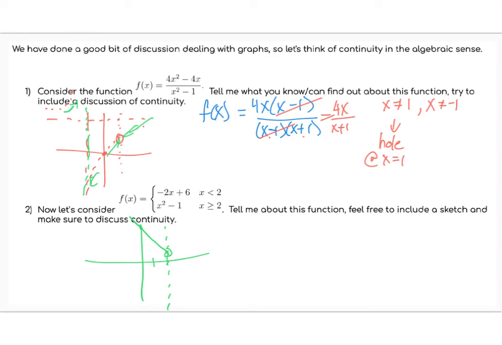At 2, we'd be at 3, and at 2 on the other one, we'd be at 2. Cool. And it continues like a parabola does. Talking about the continuity here, we've got a jump discontinuity. The limit from both sides is not the same, so that's pretty clear that we have some limit stuff going on, we've got some continuity stuff going on, and that's about all we can take a look at from there.